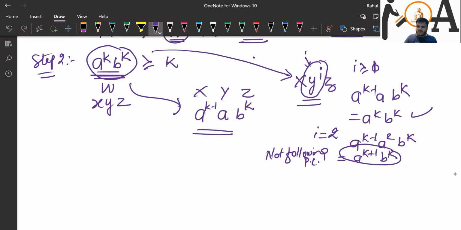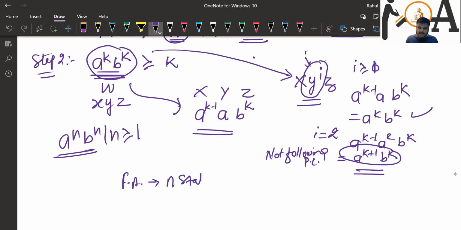But here you can simply see that if I increase the value of I to 2, 3, or 4, that is more than 1, the resultant string is not a part of my language, because my language is a to the power n, b to the power n, where n is greater than or equal to 1. It means that a and b should be equal, but here they are not. The pumping lemma says that I have to take a string of length just one greater than the number of states. If my finite automata has n states, then the pumping length should be n plus 1.